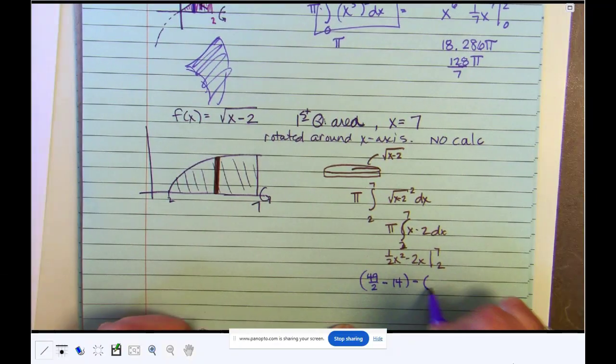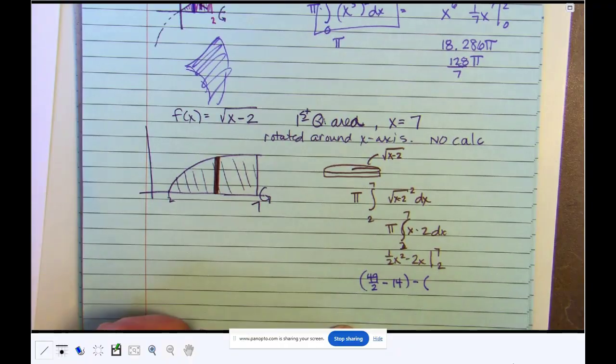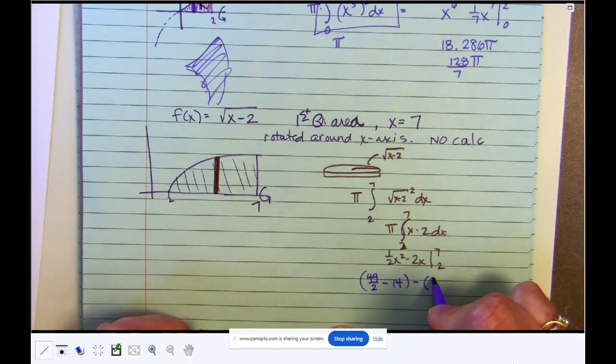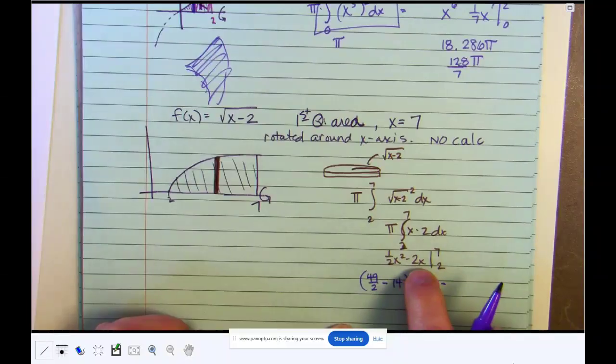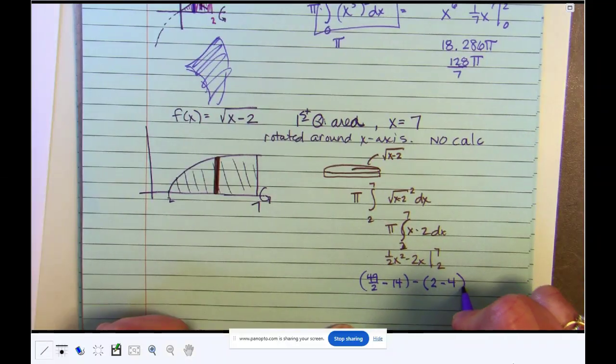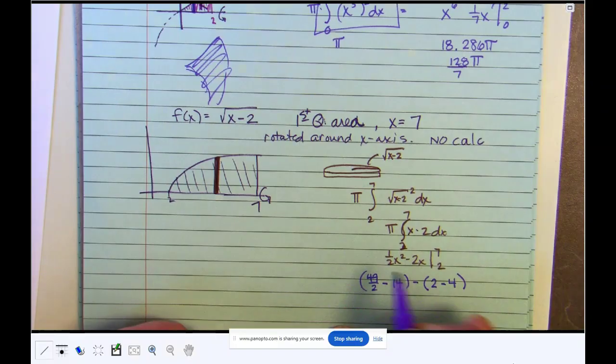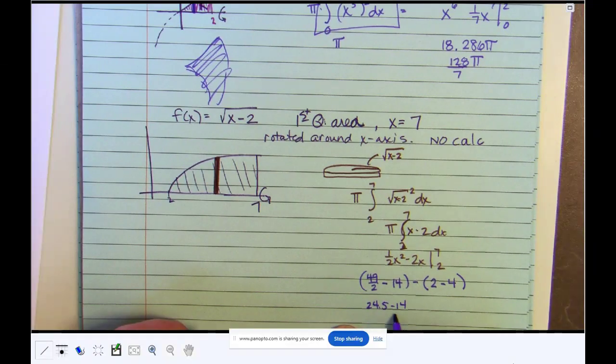And then I got to subtract 2 squared over 2, which is 2, minus 2 times 2, which is also 4. Half of 49 is 24.5, minus 14 is 10.5. And then this would be plus 2, because minus negative 2, plus 2. So this is 12.5 pi.